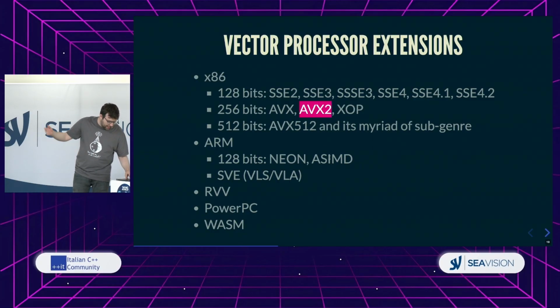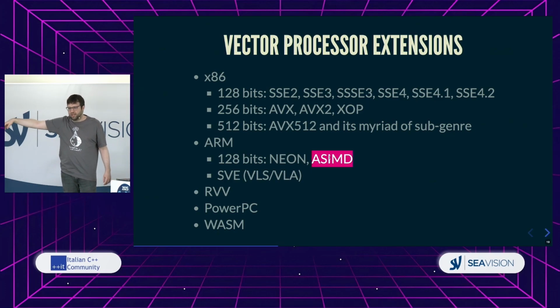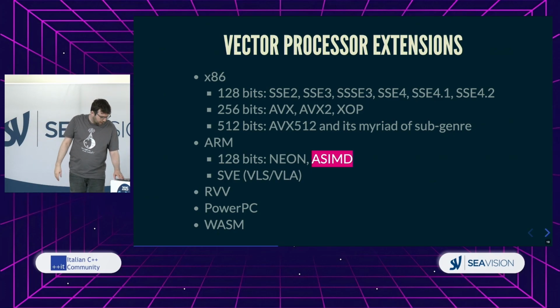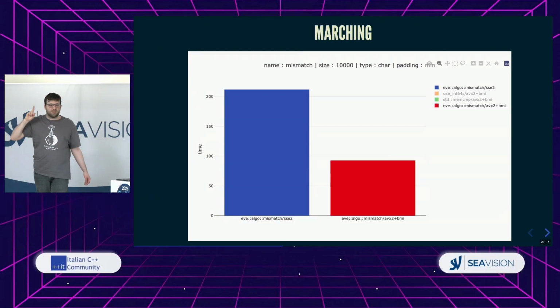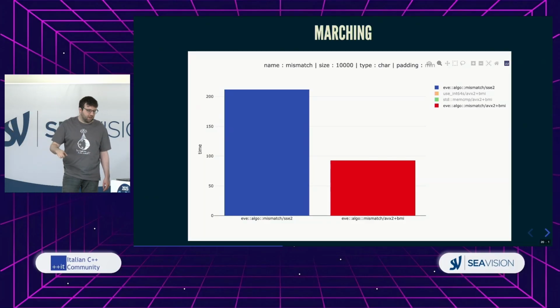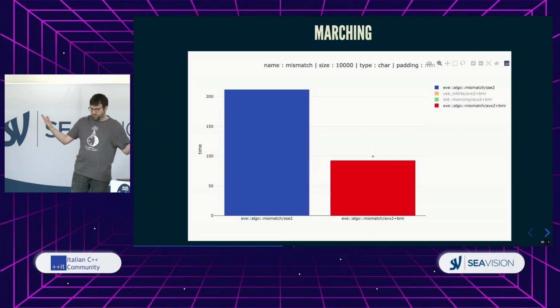When I show you Apple, this is NEON. It's on all your phones for sure. Android is requiring it, pretty sure. I'm not going to talk more about this. The only thing I'll mention is that compiling correctly is important. This is the same mismatch algorithm compiled correctly with march=native versus with just O3, and the difference is 2x.